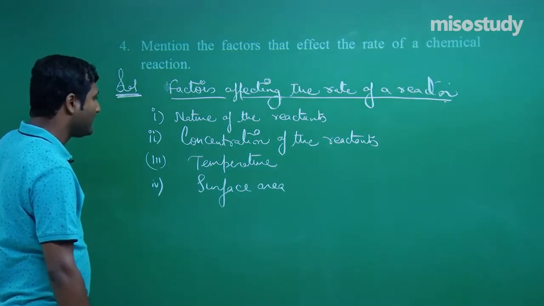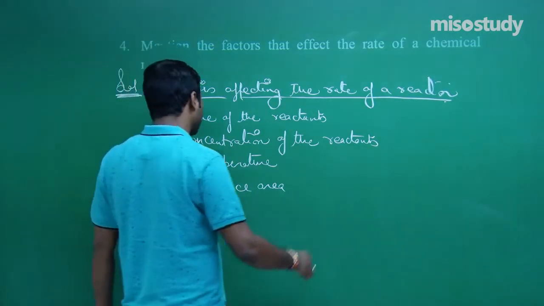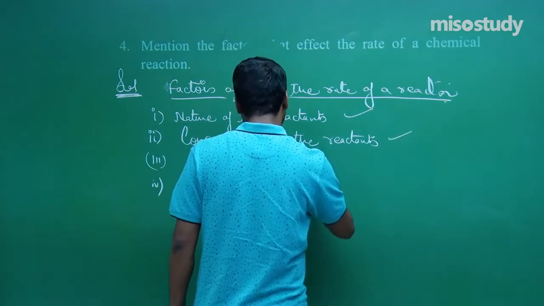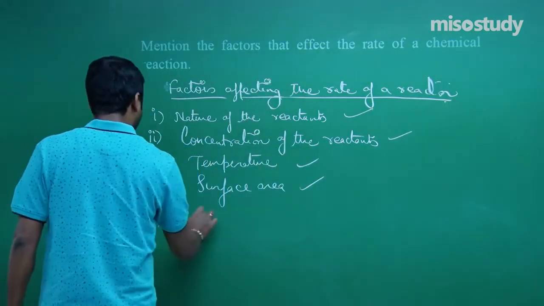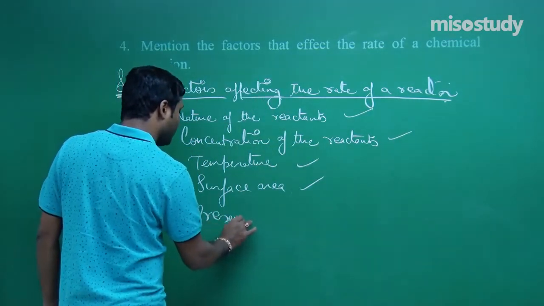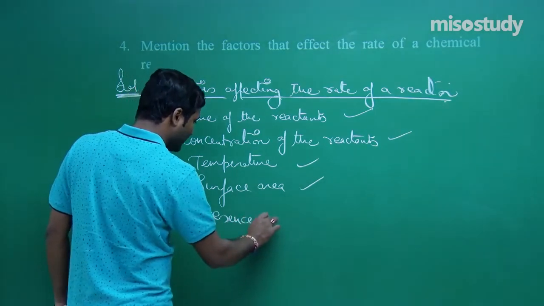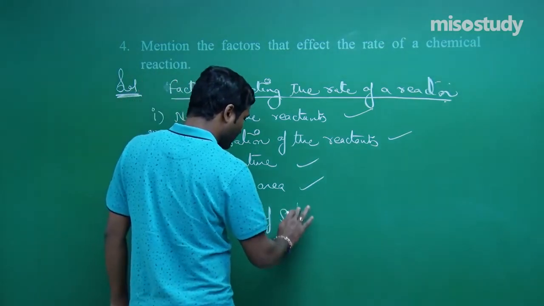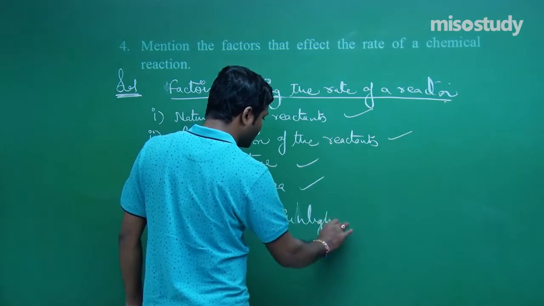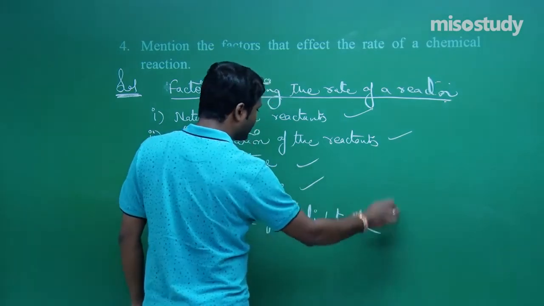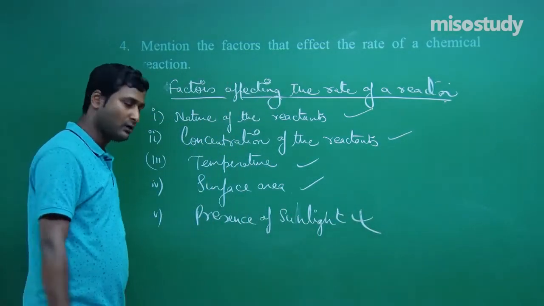Clear, my friend? Nature of the reactant, concentration of the reactant, temperature, surface area, and presence of sunlight. In case of zero order reaction, as we know, the reaction proceeds due to sunlight also.